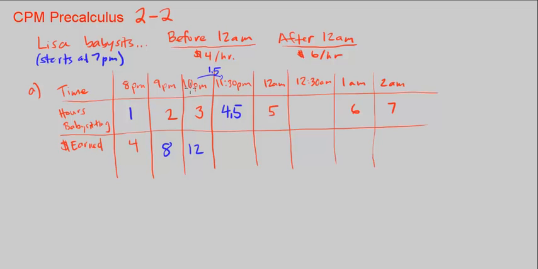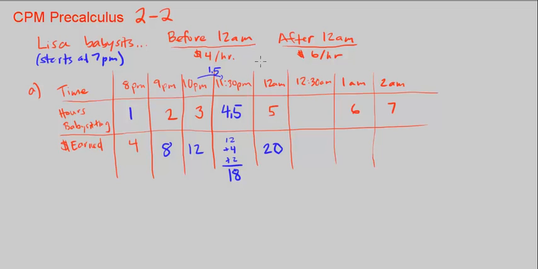That means she gets an additional $4 for the hour plus $2 for the half hour, so 12 plus 4 plus 2 is $18. At midnight, she's worked 5 hours, so she gets 5 times $4, which is $20.